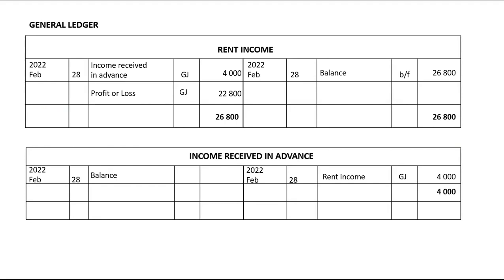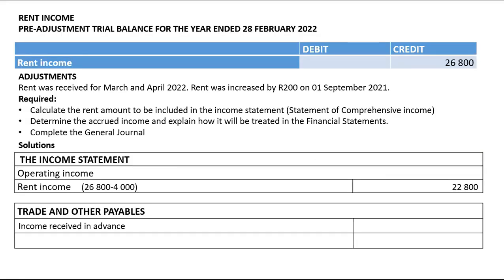We still owe it to the tenant because they've paid for it, but we have not given them the property to stay in. In the income statement, we will subtract that 4,000, and that 4,000 will be income received in advance in trade and other payables.